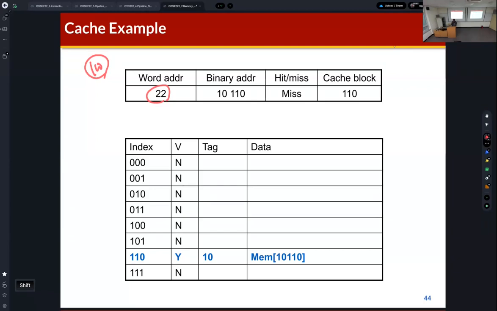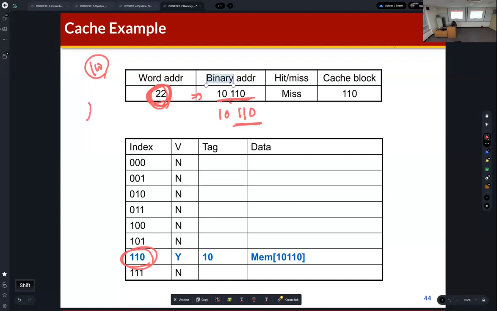In this table, you can find the word address here, and this is the binary of this word address, 10110. So what is the cache index? I mentioned that we use the lower 3 bits as the cache index for this cache, right?